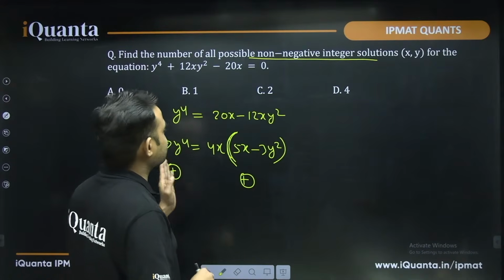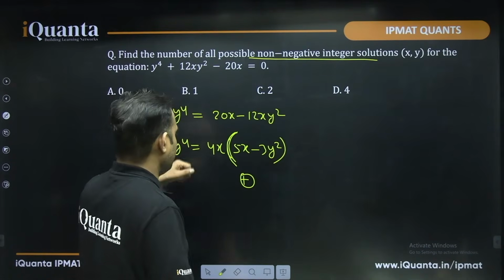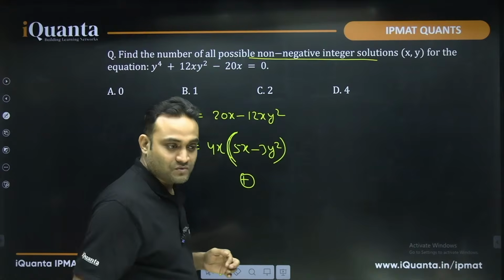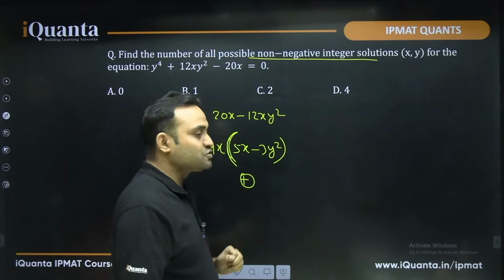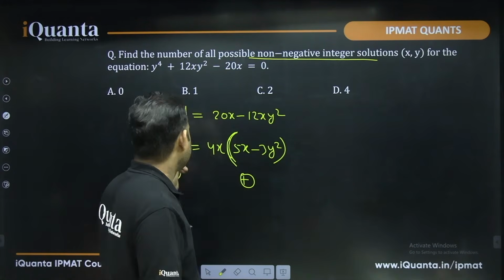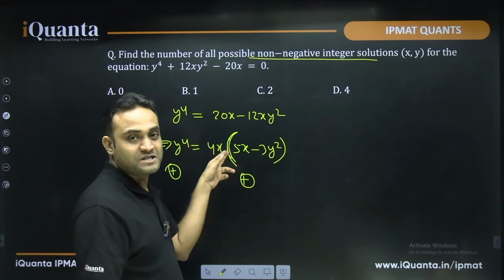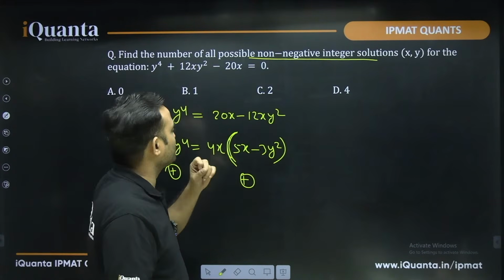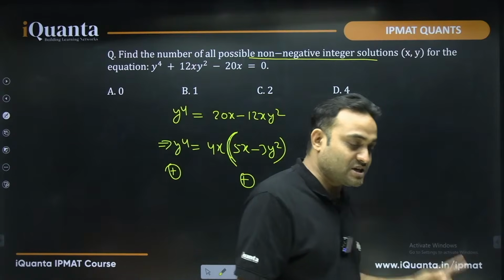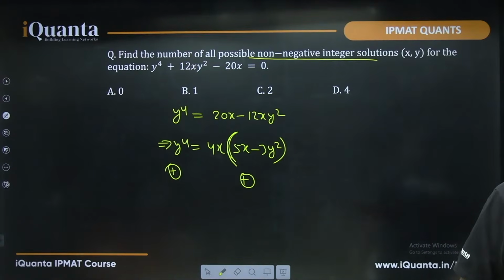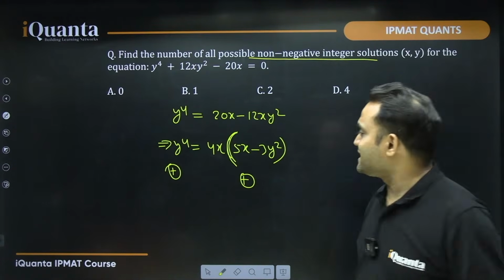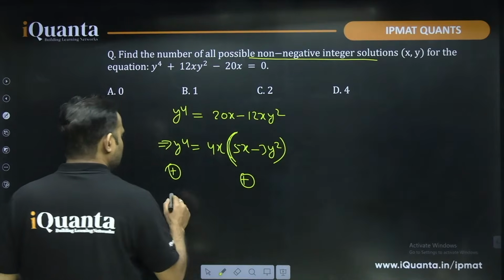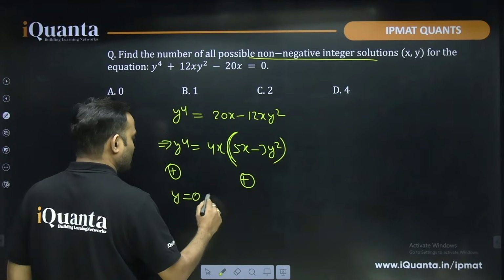So if I take y is equal to 0, this will become 0. This can never be 0 otherwise. So 0, 0 is one solution possible. The question is regarding the number of solutions, right? That is one. So when y is equal to 0, x is equal to 0.